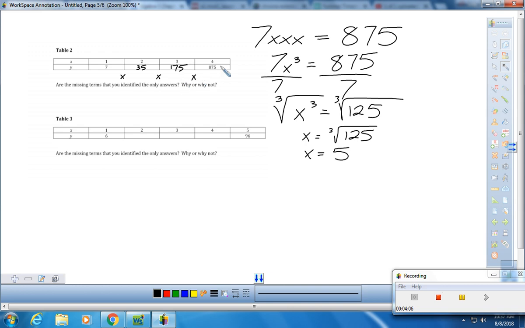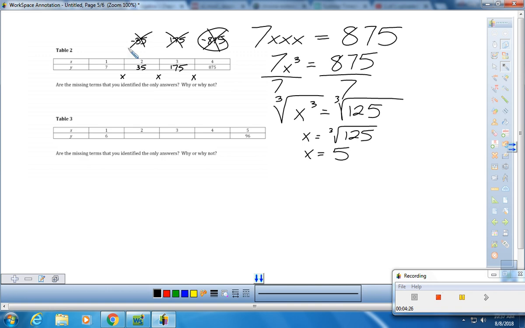Would negative 5 work? 7 times negative 5 is negative 35. Negative 35 times negative 5 is positive 175. Times negative 5 would be negative 875, and that does not work. So in this example, there's only one set of answers for the missing terms you identified.